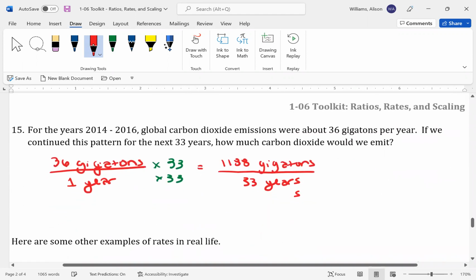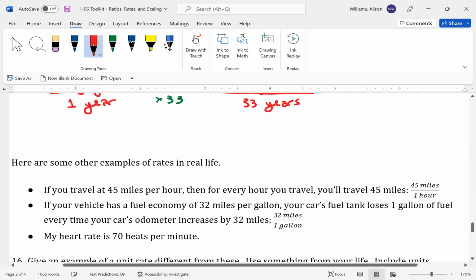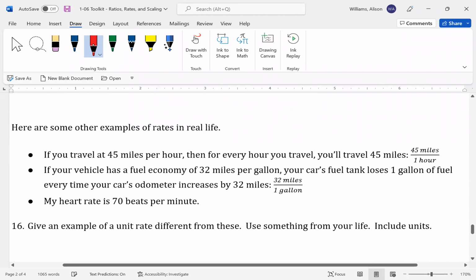writing. So here's some more real life rates: heart rate, speed, fuel economy. Let's give an example of a unit rate that's different, maybe using something from our life. Okay, so let's say somebody makes $15 per hour.